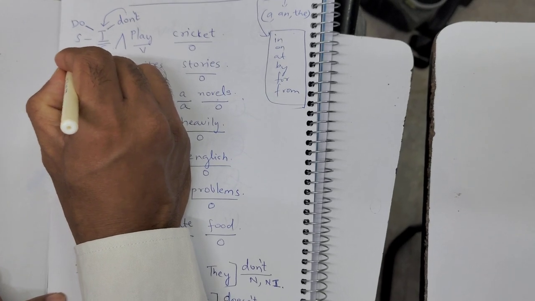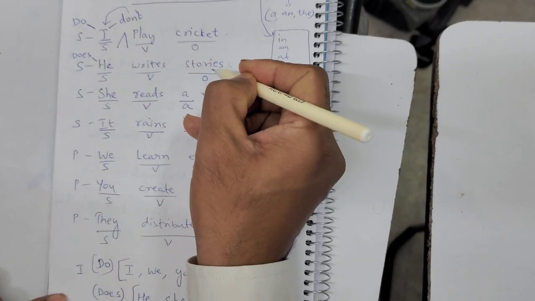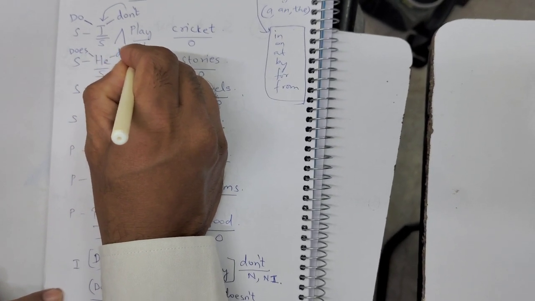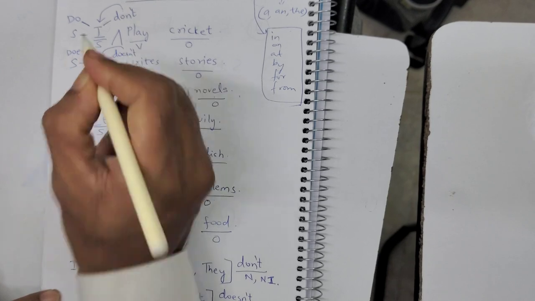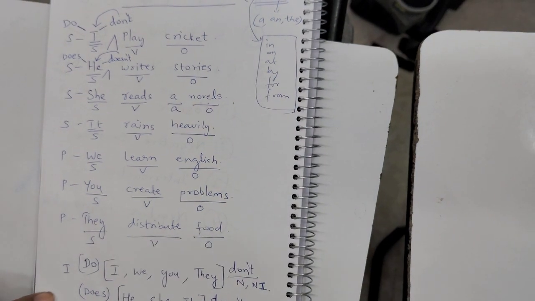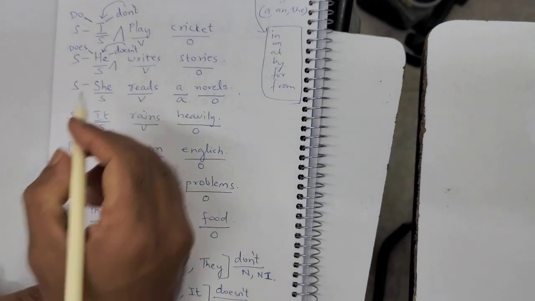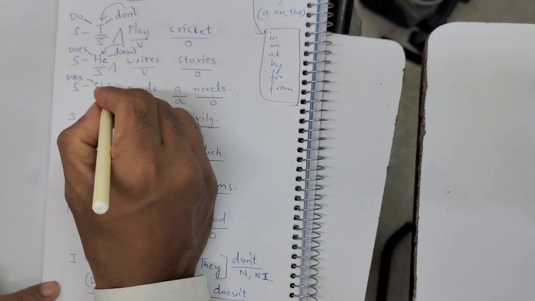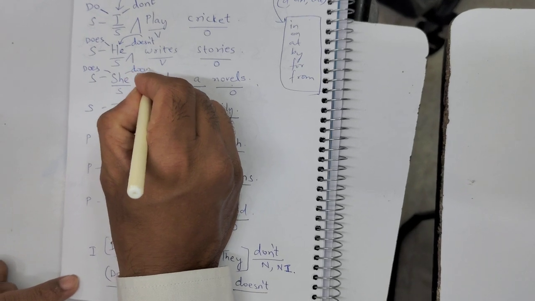For interrogative: Does he write stories? Negative: He doesn't write stories. And negative interrogative: Doesn't he write stories? This is how you have to make four sentences. She reads a novel. Interrogative: Does she read a novel? She doesn't read a novel.